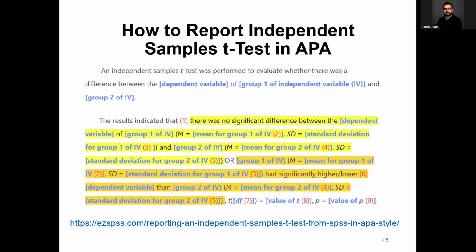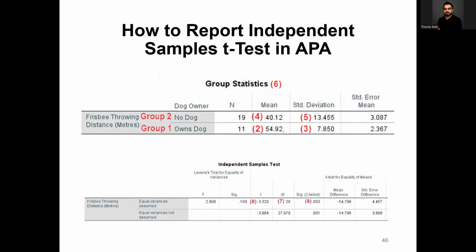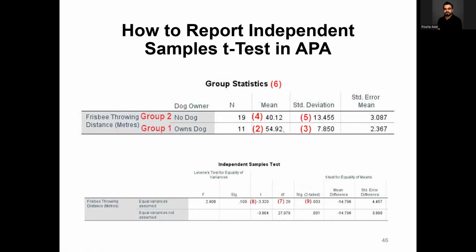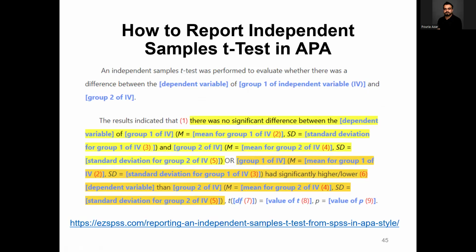At the end, I would report t in parentheses, the degree of freedom, then the value of t and then the p-value. I can get these values from these tables in SPSS. Remember, do not use brackets here, just use parentheses.